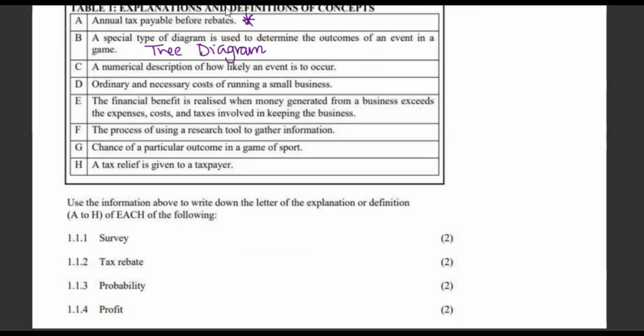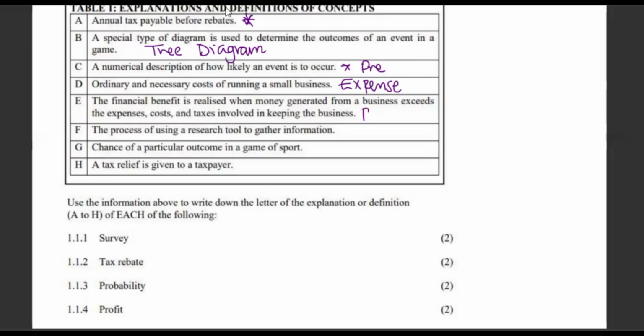A numerical description of how likely an event is to occur. This could be prediction. Ordinary unnecessary costs of running a small business, yeah, we call them expenses or fixed expenses, fixed cost. A financial benefit is realized when money generated from the business exceeds the expenses, costs, and taxes involved.